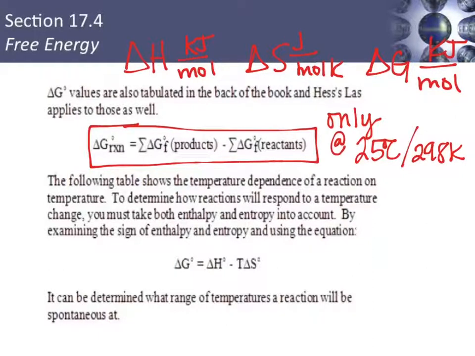But what if you don't have those numbers that they give you in the table? You can determine delta G by using your change in enthalpy and your change in entropy.